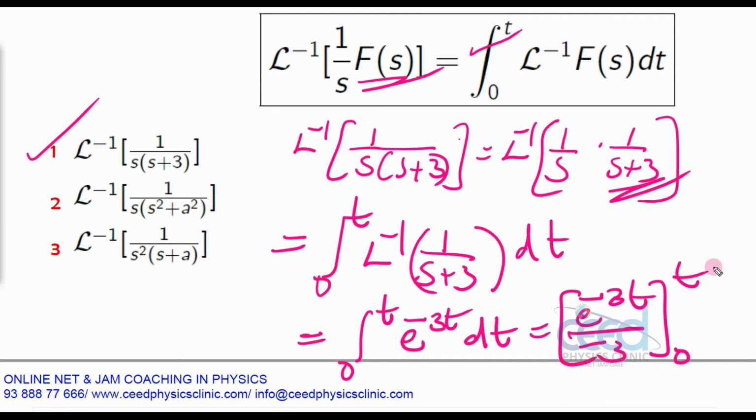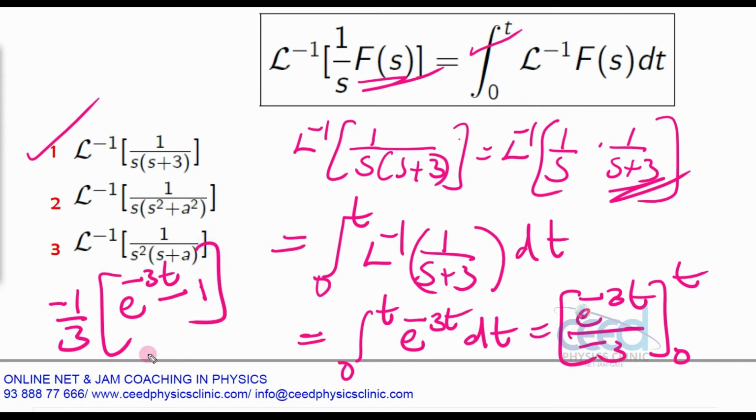Substituting, that is minus 1 by 3 into e raised to minus 3t minus e raised to 0, which is 1. So I can write this as 1 by 3 into 1 minus e raised to minus 3t. Whichever form is given in the options, you can rearrange accordingly. This will be the result.